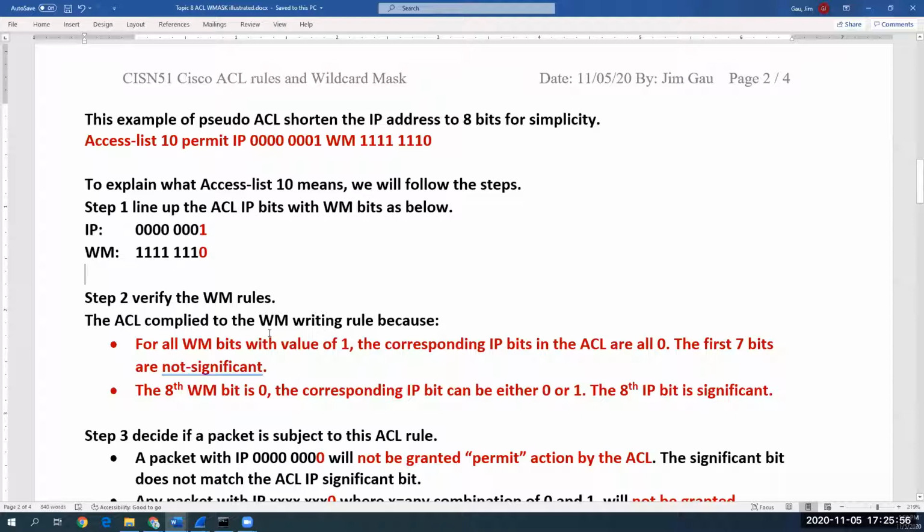Now we have verified the rule. All the WM bits that are 1 have corresponding IP bits that are all zeros. So the first 7 bits are not significant. The 8th WM bit is 0, so we can put either 1 or 0 there, but we just happen to put 1 in here. So the 8th IP bit is significant.